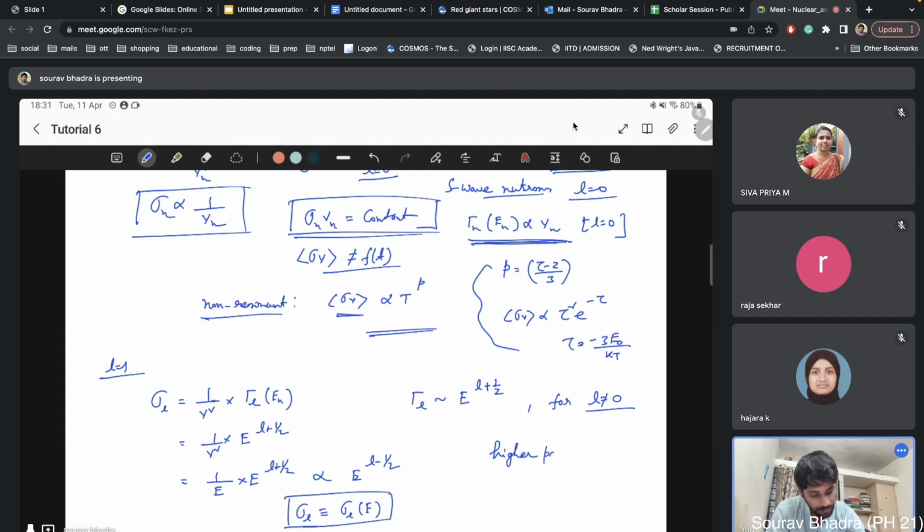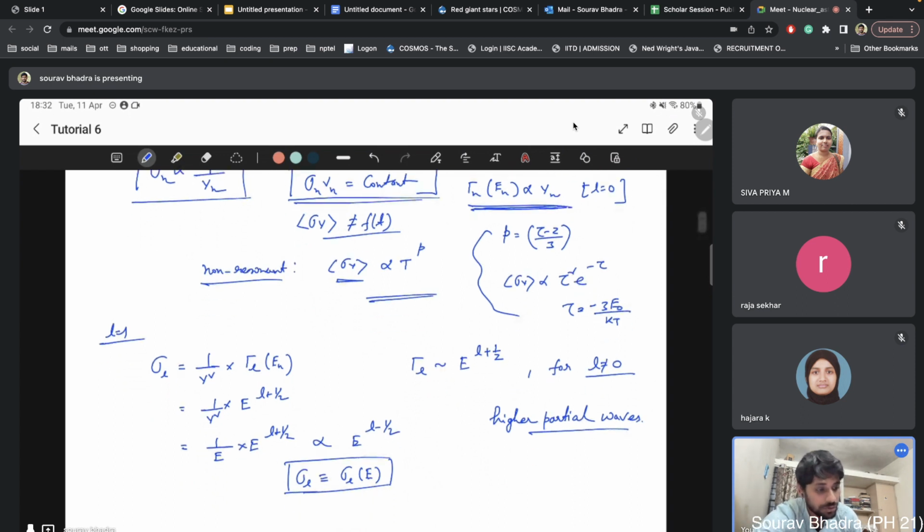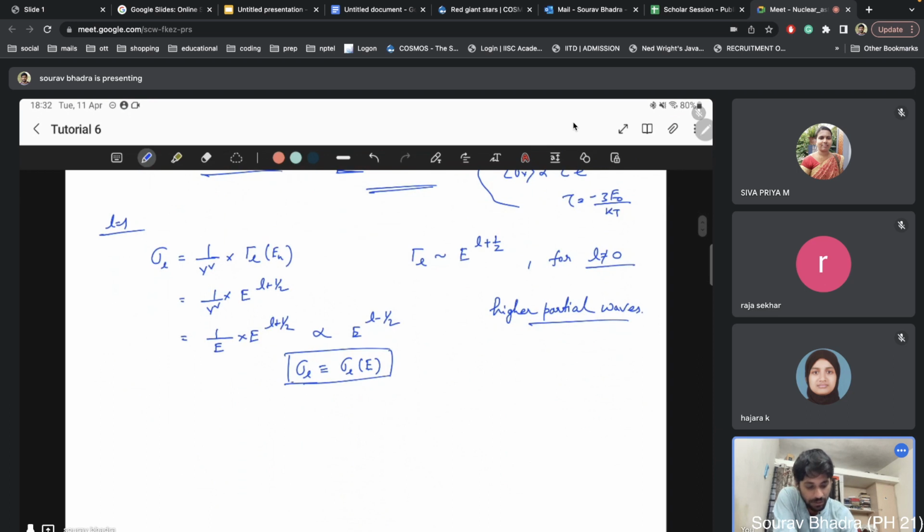So the neutron induced reaction always depends on the L value of your neutron which is taking part in the reaction. So if it is like this, we have found the sigma L dependency on E, then from the mother equation, I always refer to it as the mother equation of sigma V, which we have been using from the second class itself, that is integral of E sigma E e to the power minus E by kT dE.